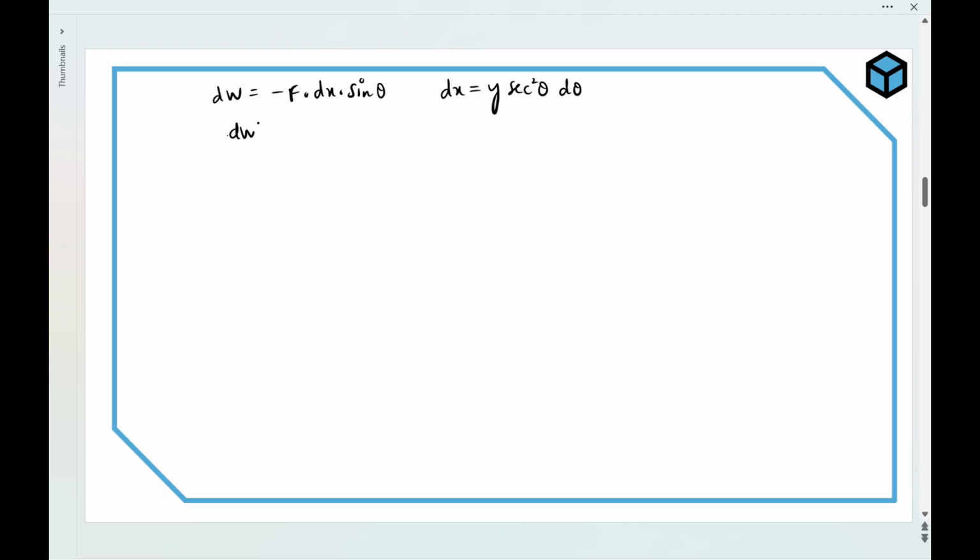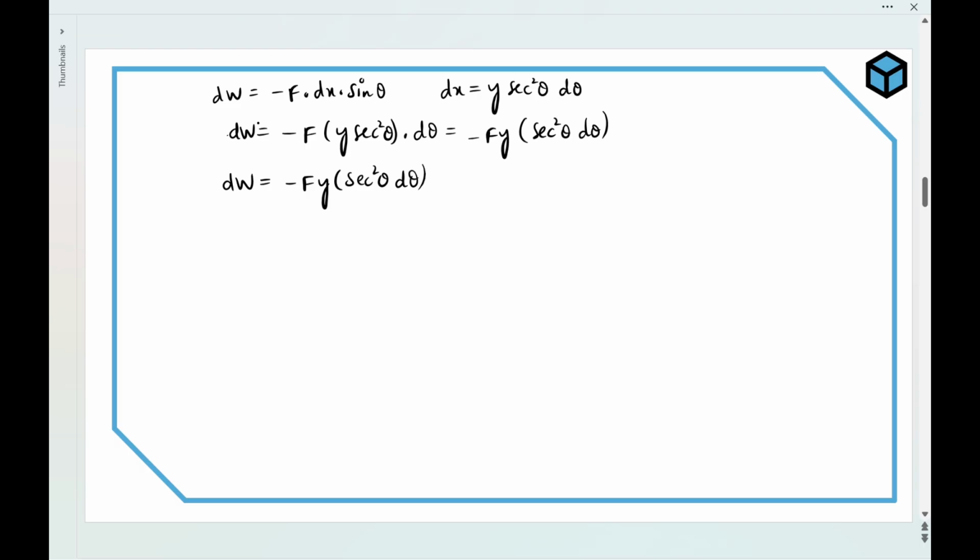So now dw is equal to minus F into y secant square theta into d theta, since F and y are constant. So this is the small work done for changing the angle by d theta.